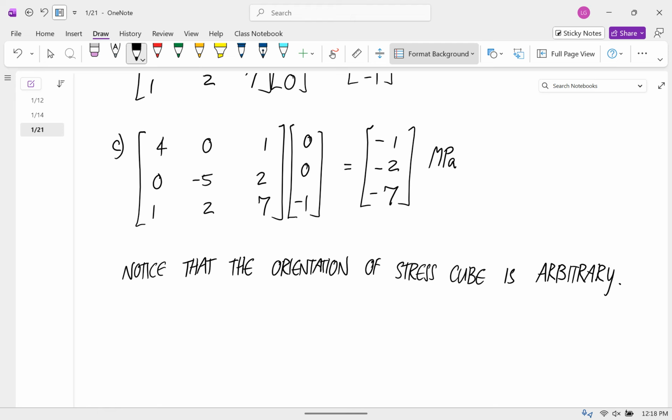Our stress cube is aligned with our coordinate system. But if you think about the definition of the stress tensor, there's no reason that that cube needs to be aligned with the coordinate system. So ours is aligned with the coordinate system, but it doesn't have to be.